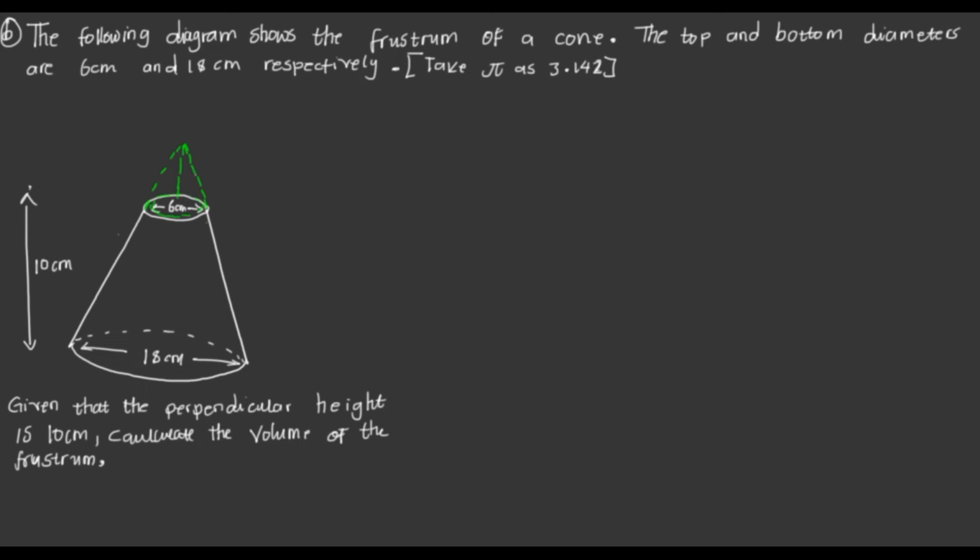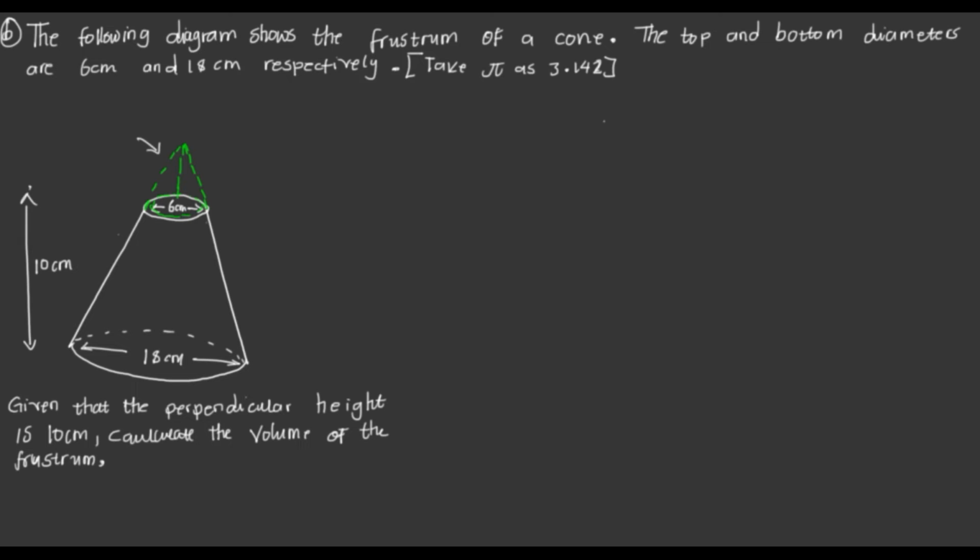So if we are able to find the volume of this small cone and we find the volume of the big cone, so if we now subtract the volume of the small cone from the volume of the big cone, we'll be able to find the volume of the remaining part, which is the frustum.